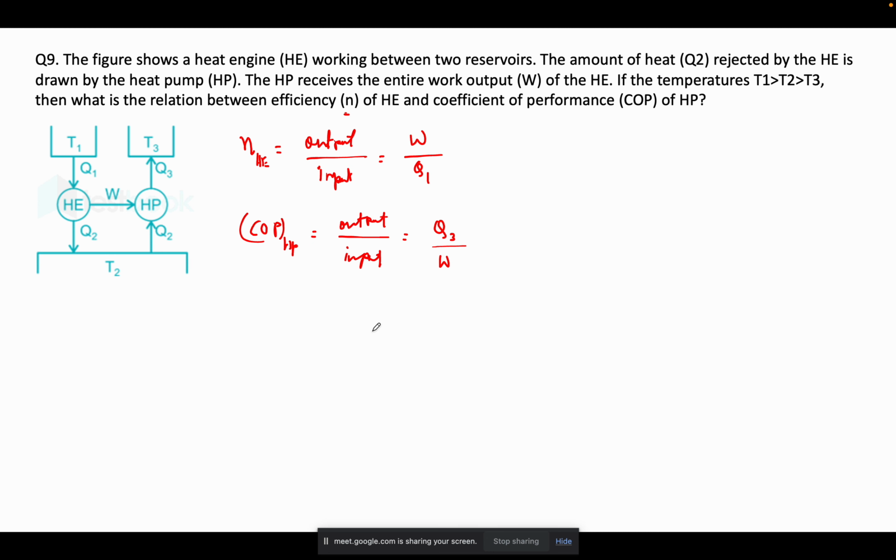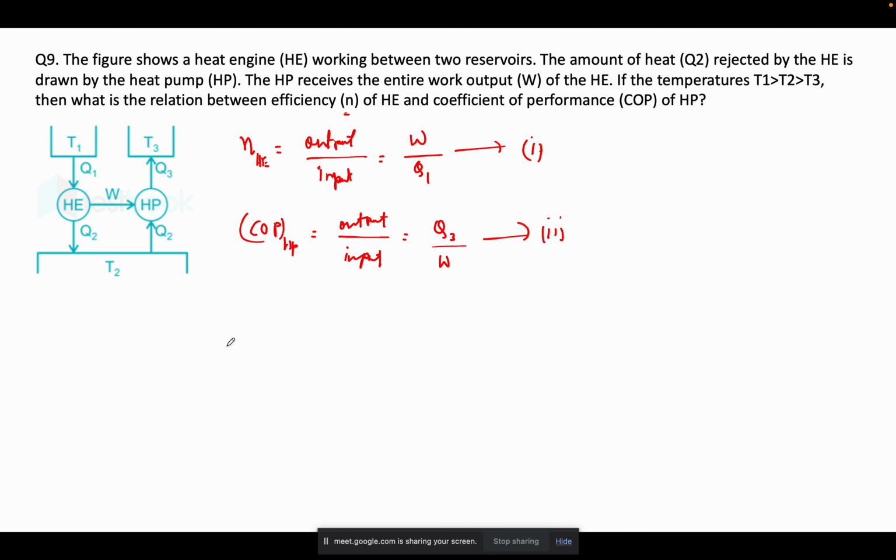Now what I can do is, from the energy balance, say this is equation 1, I have to find a relationship between these two, and say this is equation number 2.